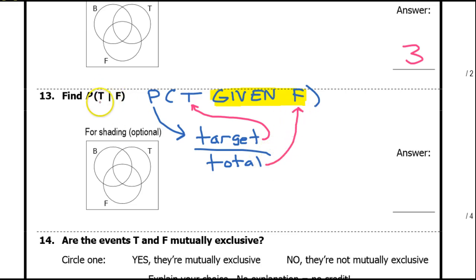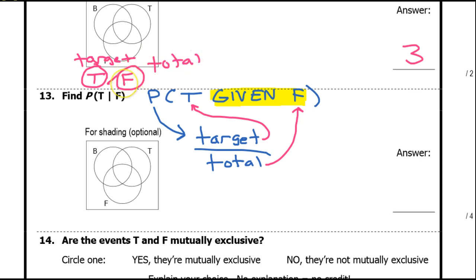In other words, this notation almost looks like a fraction. Do you see how this t given f almost looks like t over f? That's really helpful because the number in the front is going to wind up being the target, and the second number is going to wind up being the total.